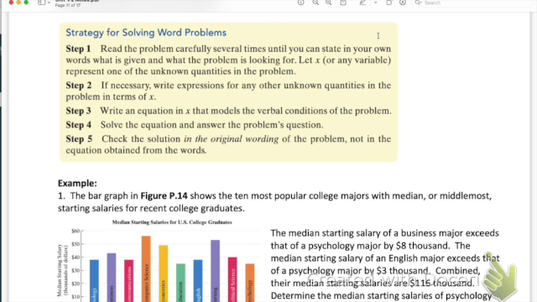And step 2 then is asking what are expressions or variables that I need to define for any unknown quantities. That almost always comes from the question, okay? So something that's kind of interesting is like in your ELA classes, you're always taught that the topic sentence comes first. That at the beginning of a paragraph, it should tell you what information is to come in the paragraph.